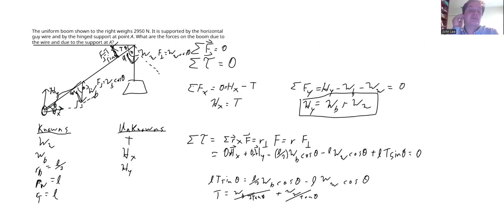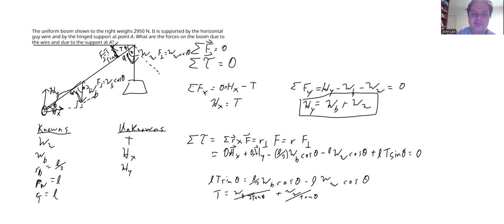And then for this example, the angle is 45 degrees, so all those tangent of thetas are going to equal 1, so it's just going to be weight of the beam divided by 2 plus weight of the weight. So this is solved for in terms of your unknowns.